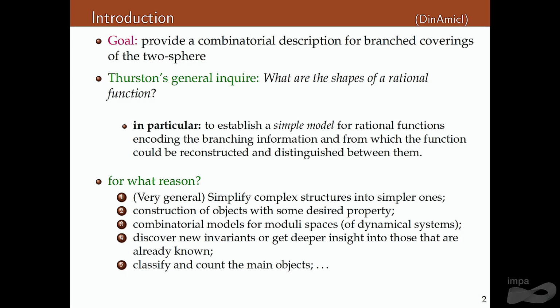As we saw yesterday in the talk of Caroline, construct combinatorial models for moduli space, for instance moduli space of some complex dynamical systems.